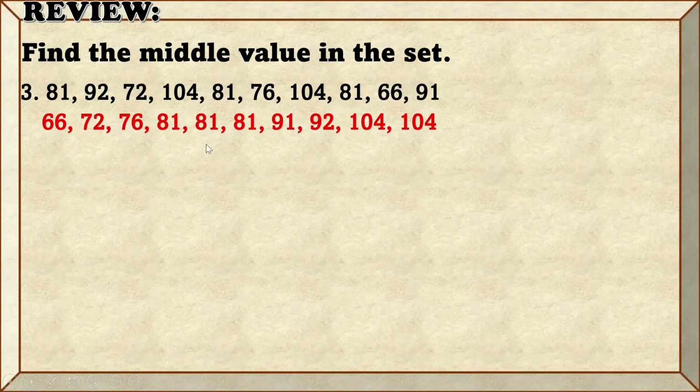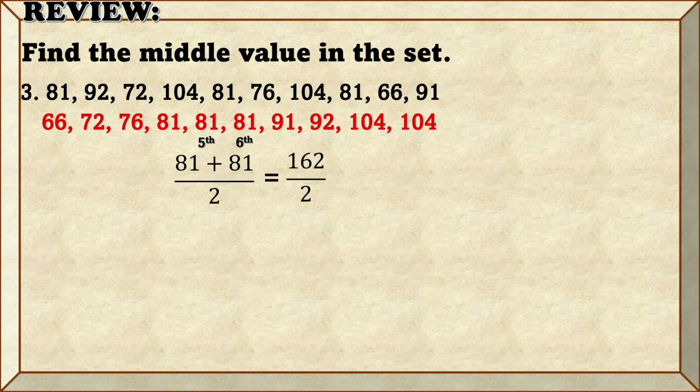So magkakaroon tayo ng dalawang middle value. To find the median, it will be calculated by taking the average of the middle two numbers, which are the 5th and 6th numbers. The middle values are 81 plus 81 divided by 2. So we have 162 divided by 2 is 81. Therefore, the middle value is 81.